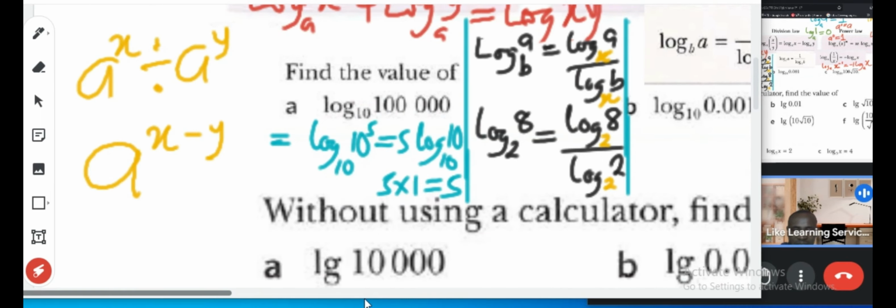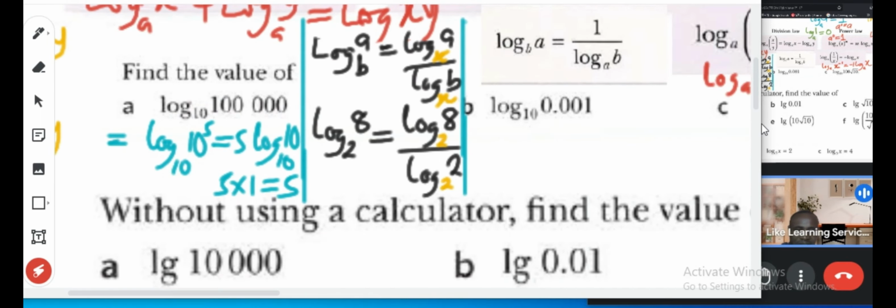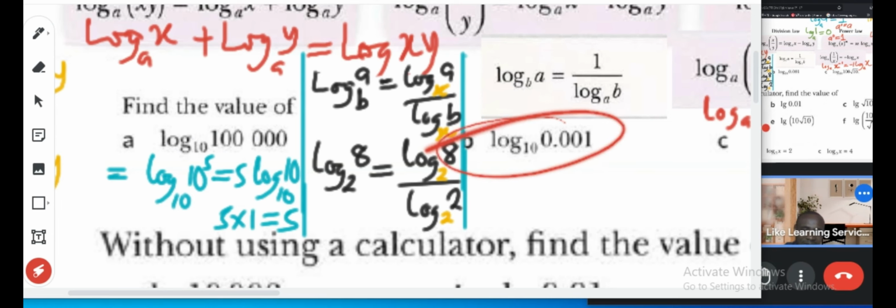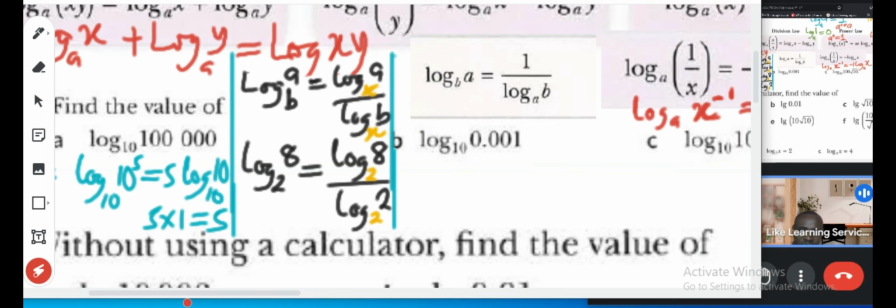If you understood it, let me know so that I can move on to the next. Are you ready? I understand. Okay, can we do this one? 0.001 is the same thing as 10 raised to the power minus 3. Am I right? Yeah.